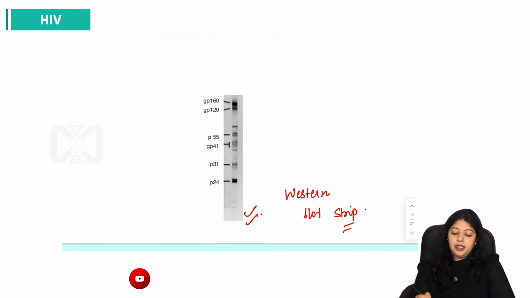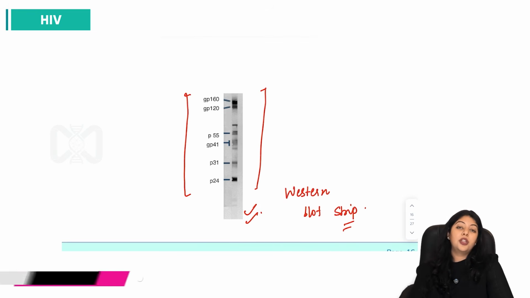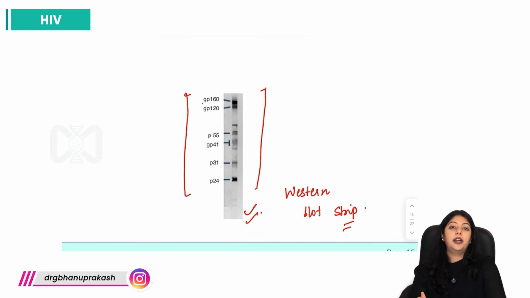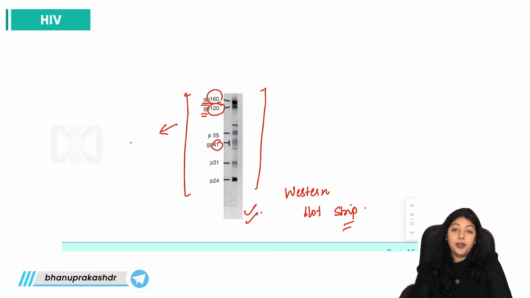See, since I said it has certain structural genes which are immobilized on the nitrocellulose sheet or strip. So these are the structural genes I'm talking about. So we have the 160, 120, then the 41 coding for envelope glycoprotein.